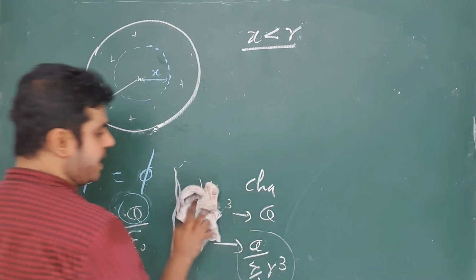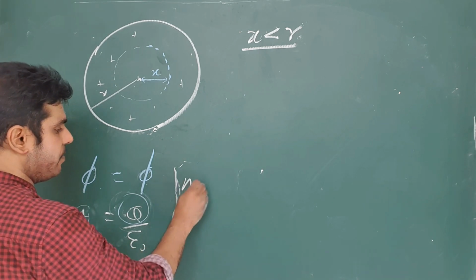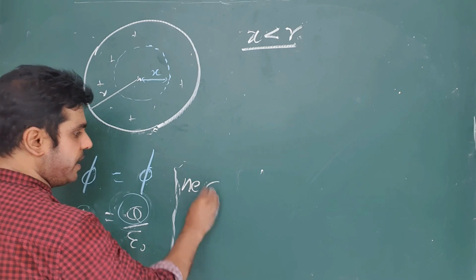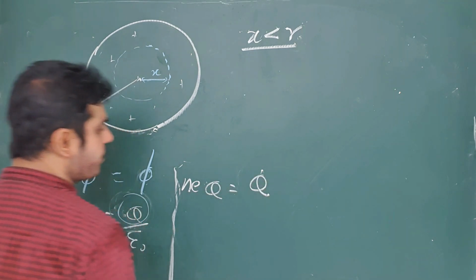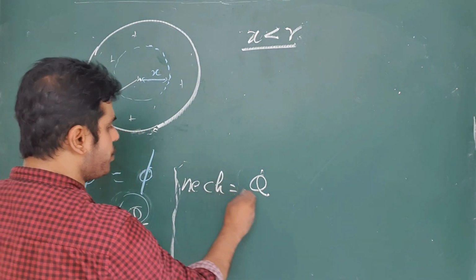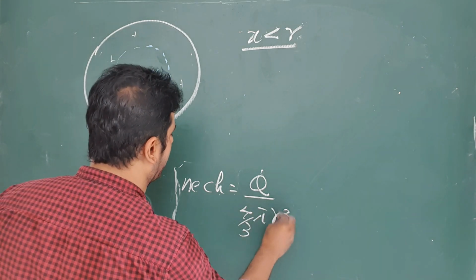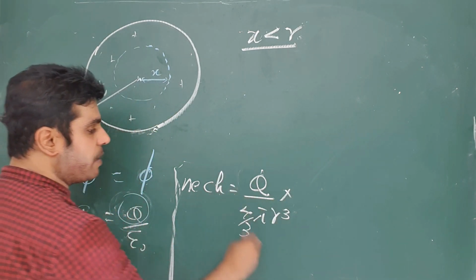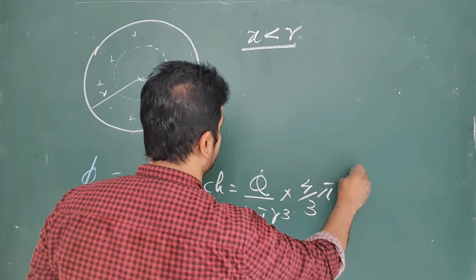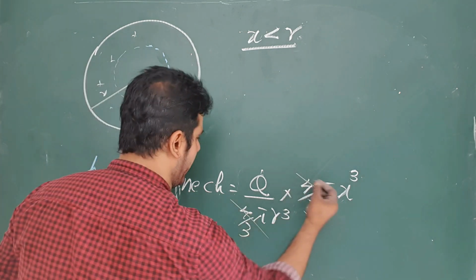So again I write that value from here. Now this is the necessary charge inside the Gauss surface. Q should be divided by 4 over 3 pi r cube, and then multiplied by the necessary volume 4 over 3 pi x cube. You can cut these two values.